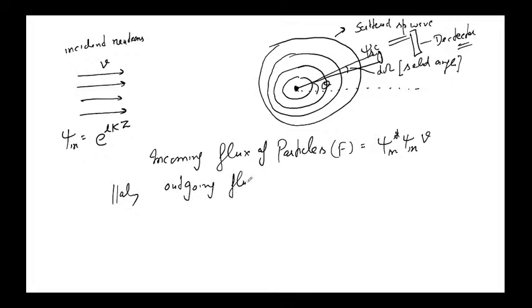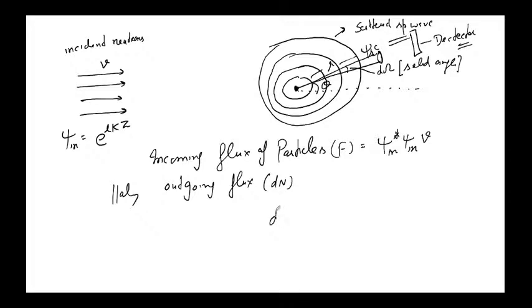So the outgoing flux is equal to dN, the number of scattered particles. What is this number? It is equal to the flux of scattered particles multiplied by the area. If the particles propagate up to a distance r, the area will be r squared d omega.